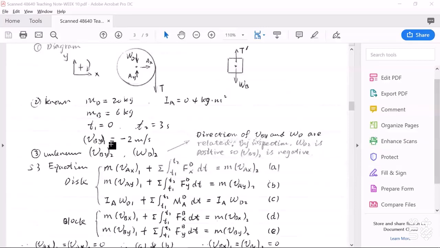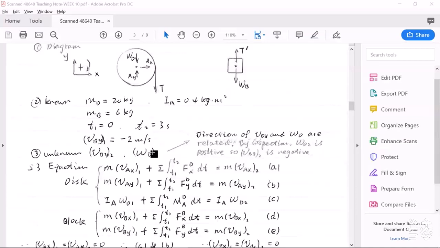We don't know VBY2 and omega D2. VBY2 is the velocity of this block in the final position. Omega D2 is the angular velocity of the disk in the final position.